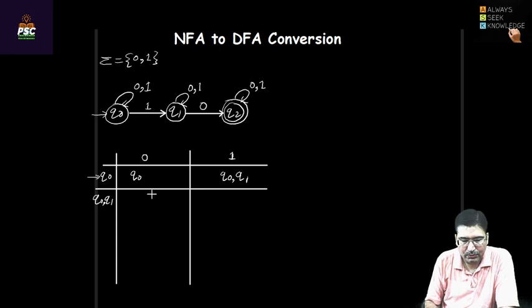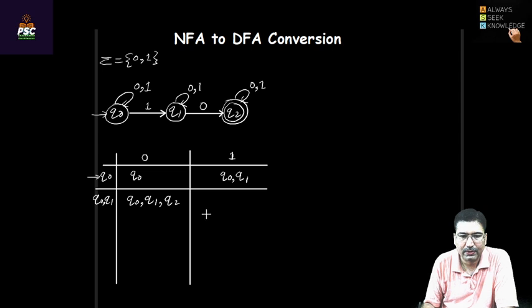So for Q0, Q1, if 0 is coming on Q0, you are at Q0. But when 0 is coming on Q1, you are at Q0, Q1 or Q2. So that means when 0 is coming on this particular state, Q0, Q1, you can achieve either Q0 or Q1 or Q2, right? I'm considering the transitions for 0 on Q0 as well as Q1 and writing it as a combined state.